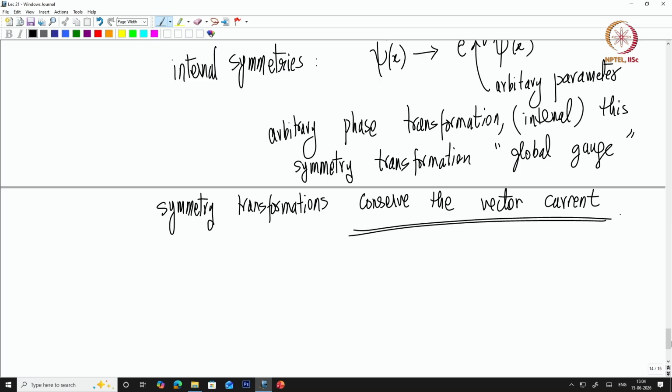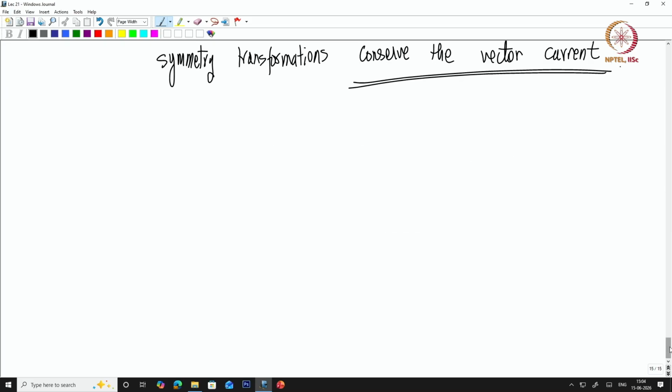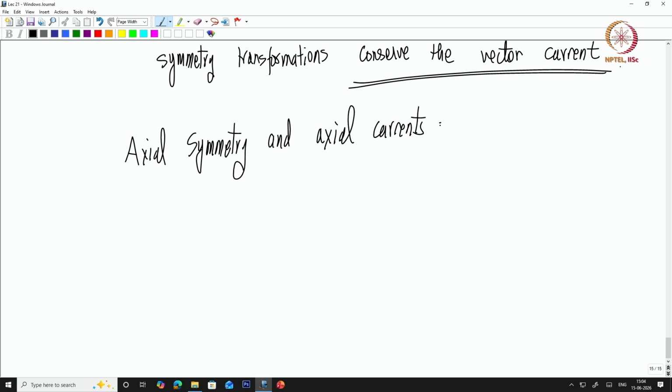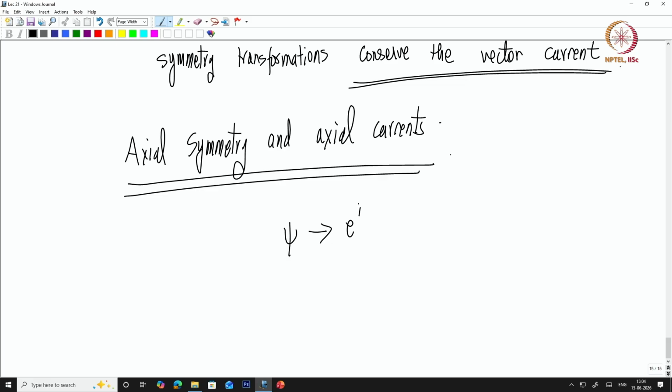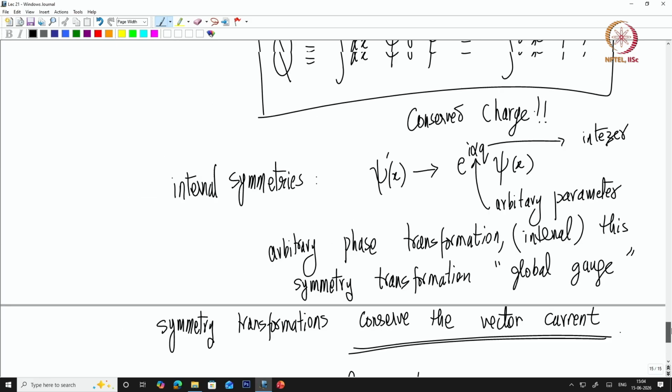You can do the same thing with axial symmetry and axial currents. Instead of putting e power i alpha going into psi, we put just an arbitrary parameter q.